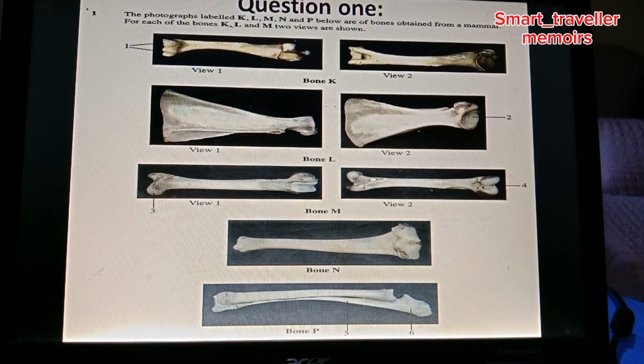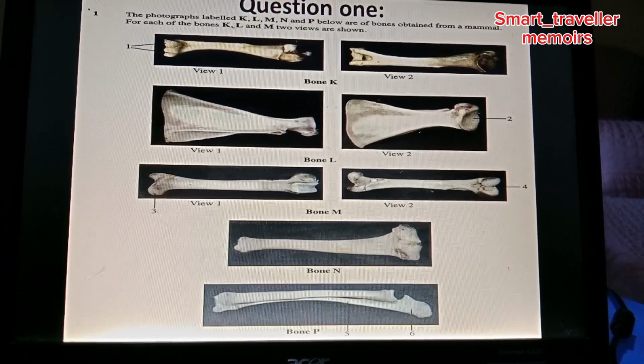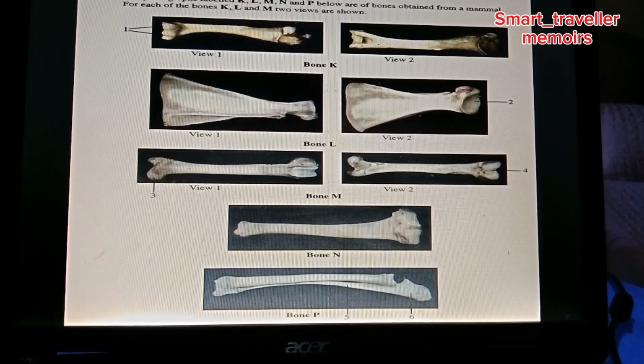So it is only K, L and M where you have 2 views, but bone N and bone P have only 1 view. But below there, you notice that bone P has got labels 5 and 6.